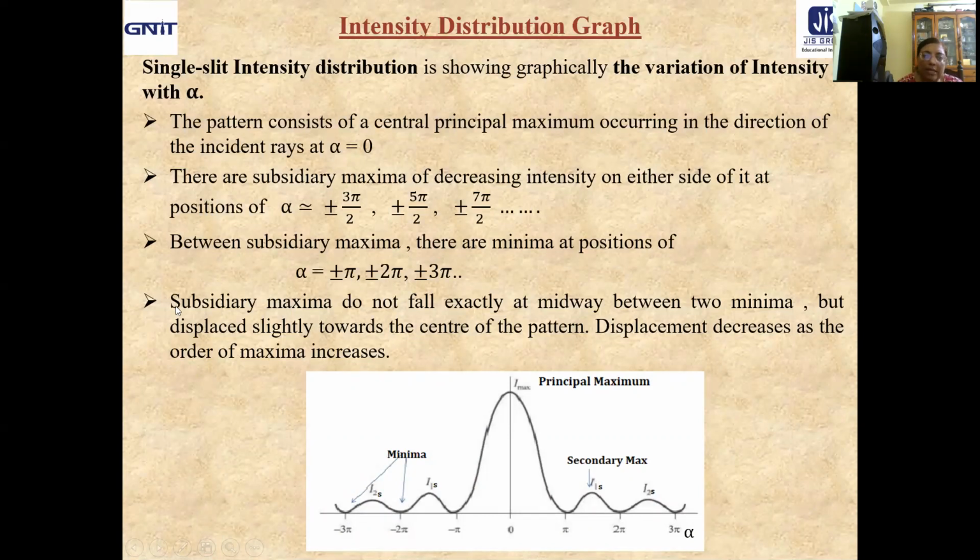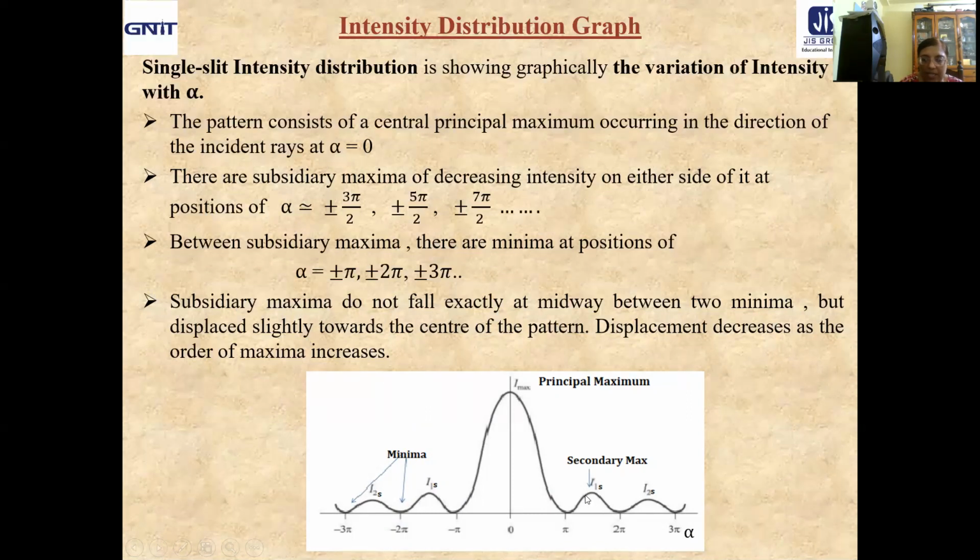Here, we have to be careful about one thing: the subsidiary maxima do not fall exactly midway between the two minima, but are displaced slightly towards the center of the pattern, and the displacement decreases as the order of the maxima increases. Because the exact alpha value is 1.43 pi, this peak point will be a little bit tilted towards the central maximum.